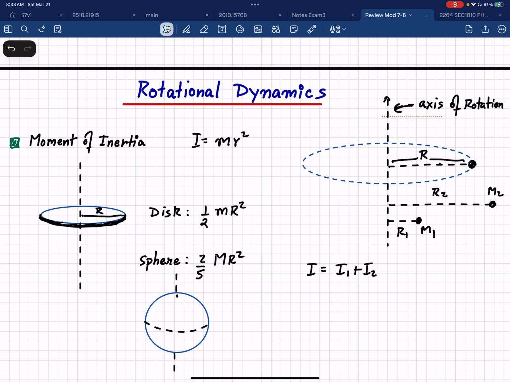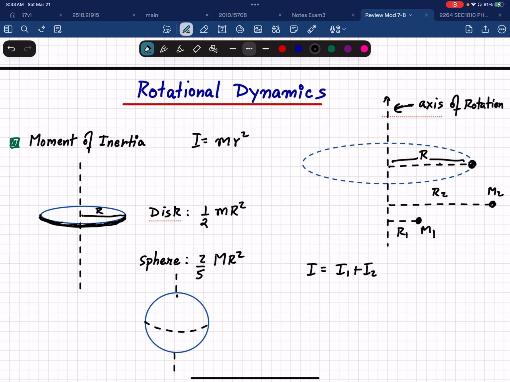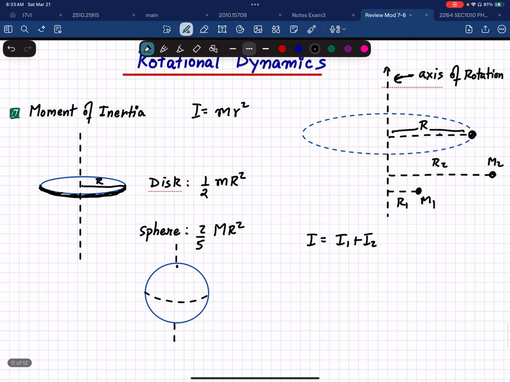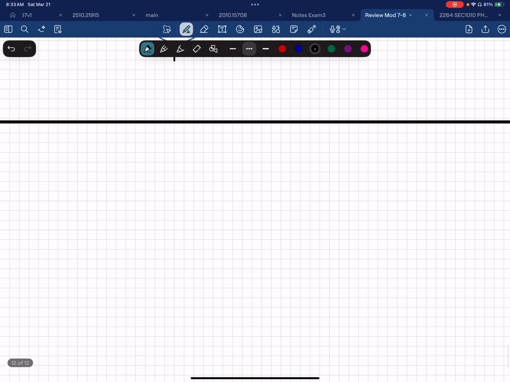This is for a sphere. Everything will be around the center of mass unless it is specified otherwise, specifically for a rod, which I've already told. Now, since we understand what moment of inertia is, let's try to understand the interaction, which is the torque.